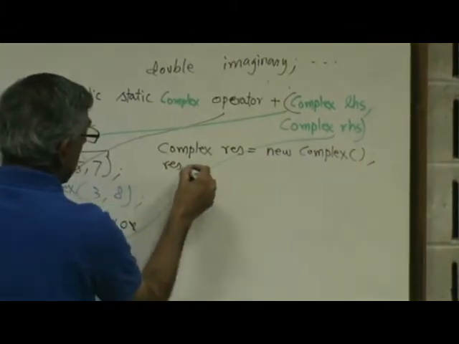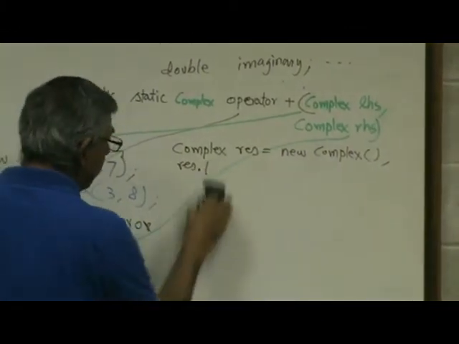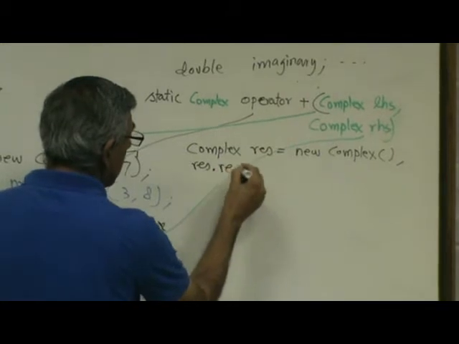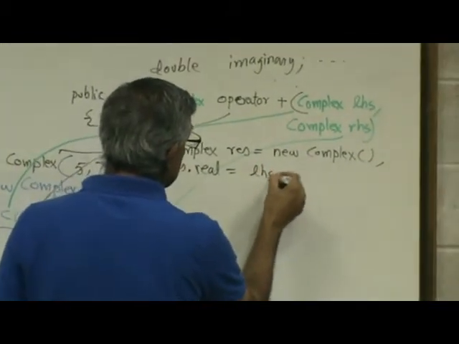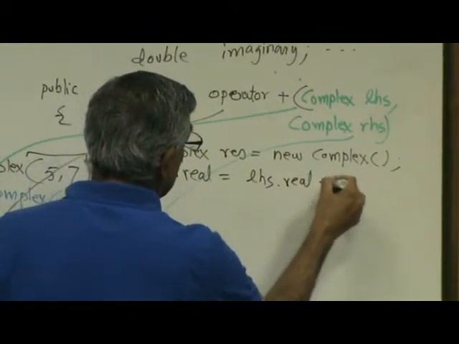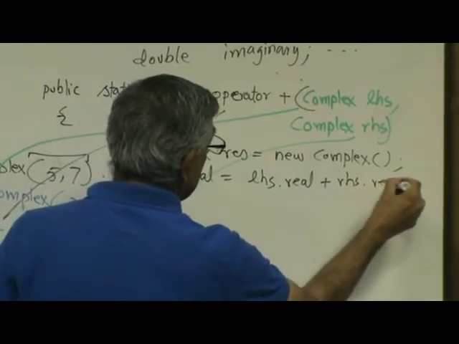Okay, result.real equal to LHS.real plus RHS.real.